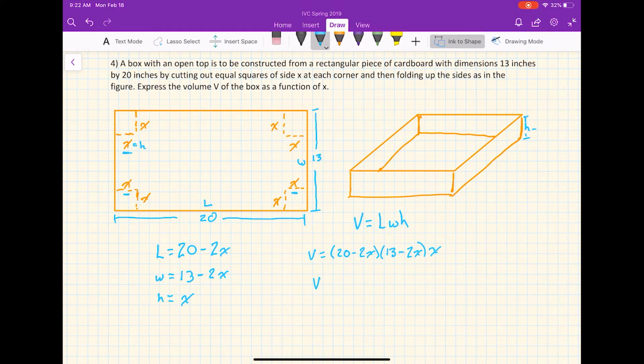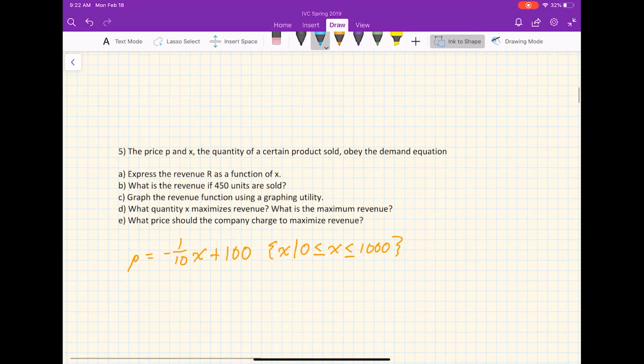And that's our volume. I don't really like having the x trailing there, so I'll just move the x to the front: x times the quantity 20 minus 2x times the quantity 13 minus 2x. Those can all be in whatever order you want, but there you go. There's that one. Also pretty simple.